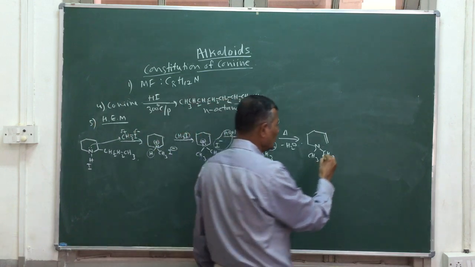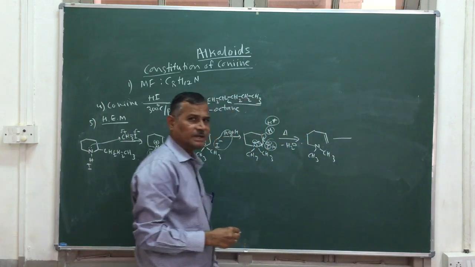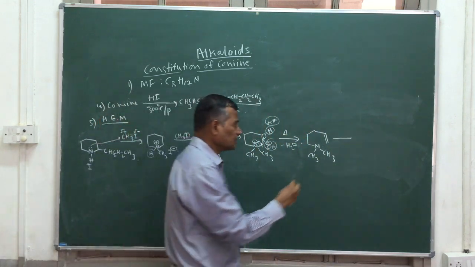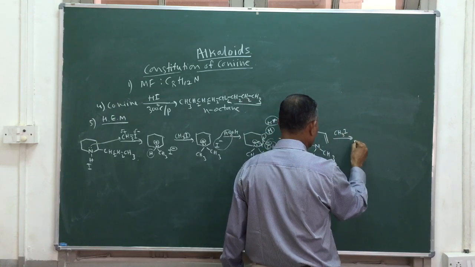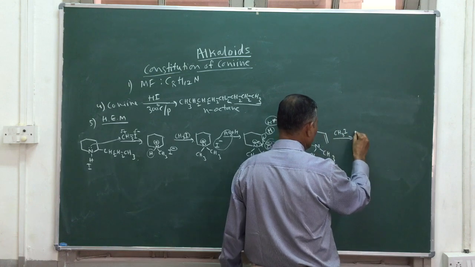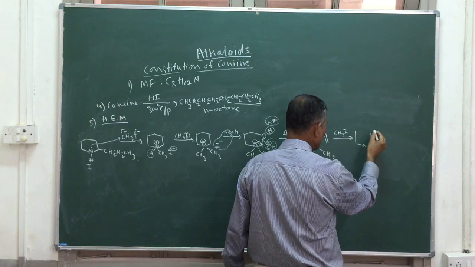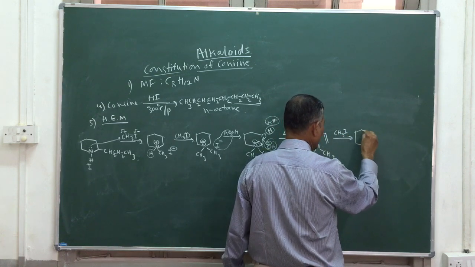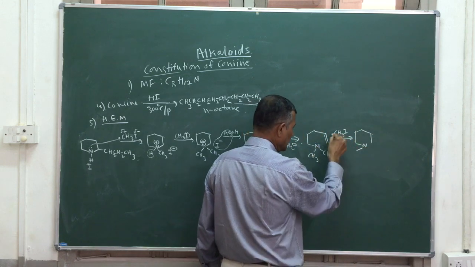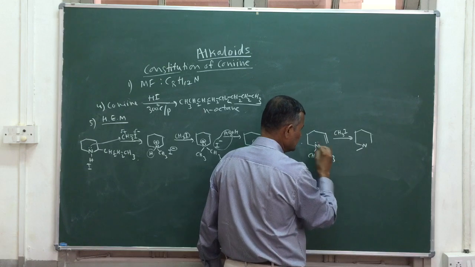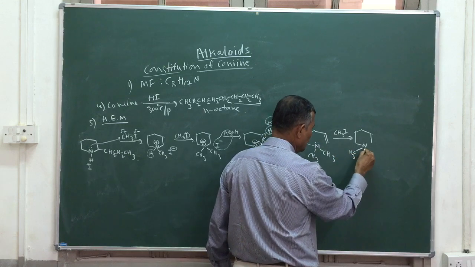Now further you repeat the process: methylation and treatment with silver hydroxide. First you go for the methylation. Similarly, the methyl group attacks this nitrogen because it has an extra lone pair of electrons.